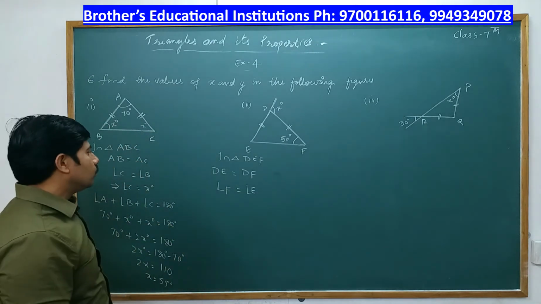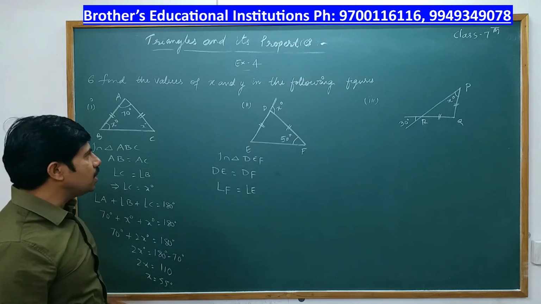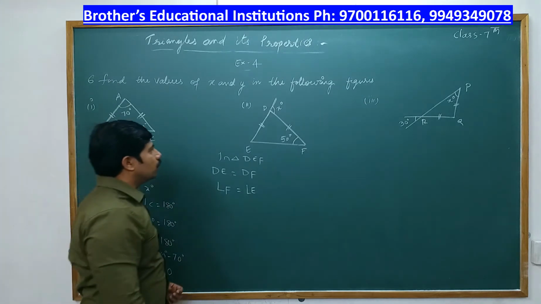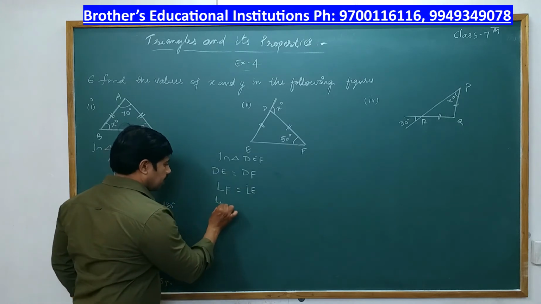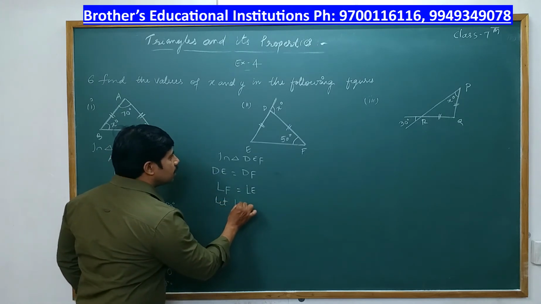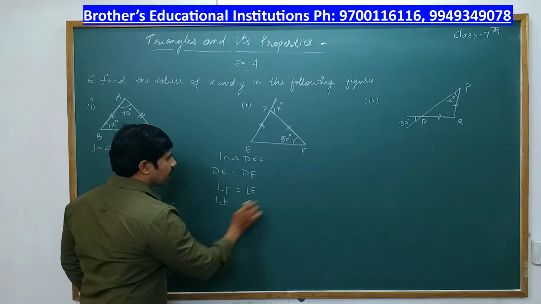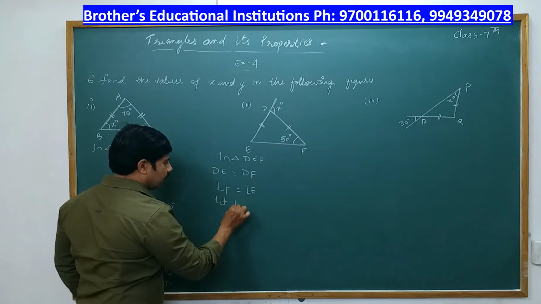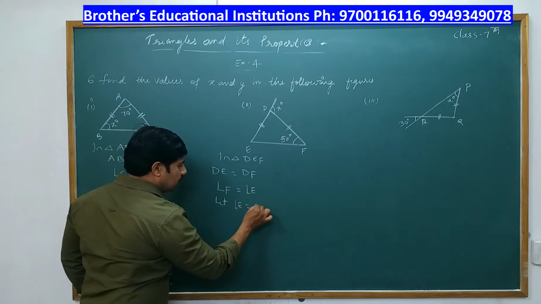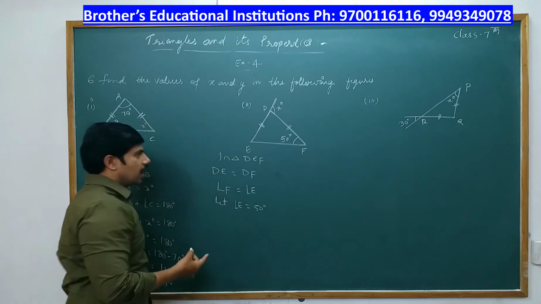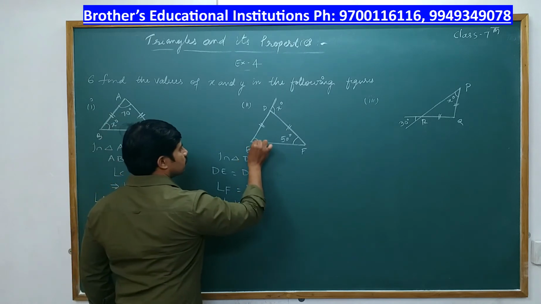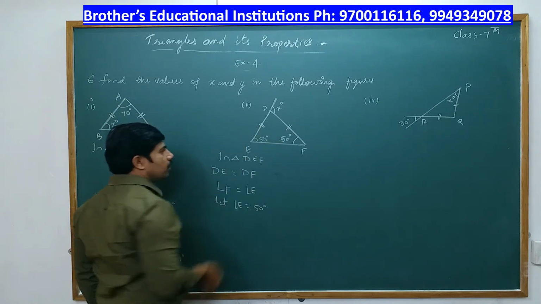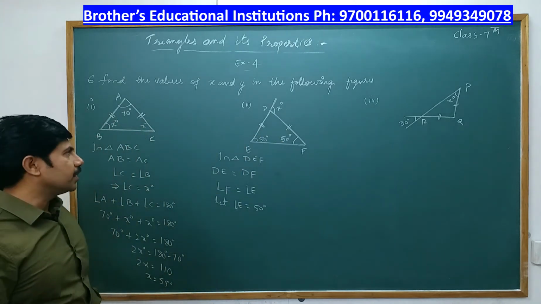Now, as these two angles are equal, no need to assume. What is angle F given? 50 degrees. So what is angle E? Angle E is also 50 degrees. So just write here also 50 degrees. Now we can find out x. How to find out x?